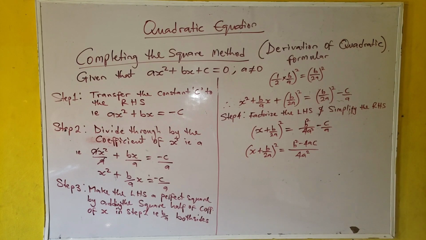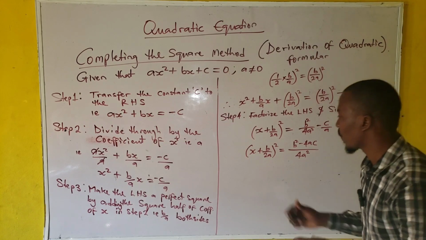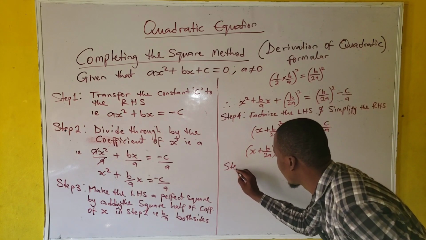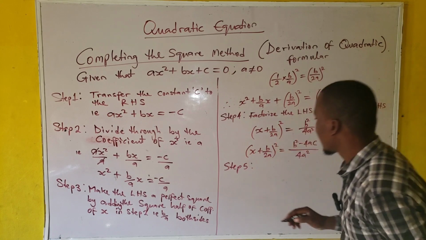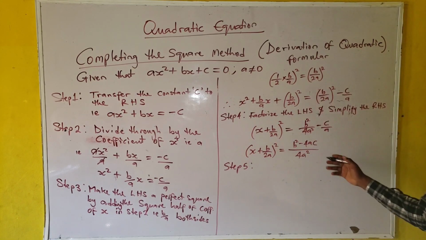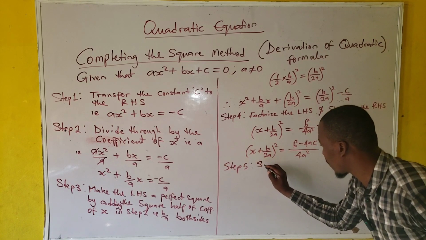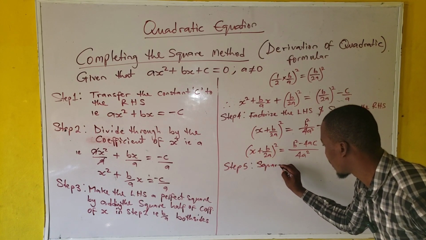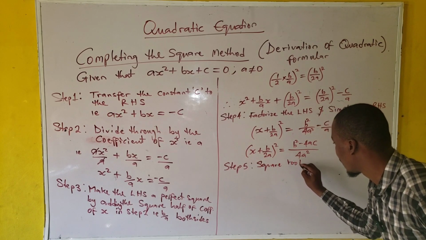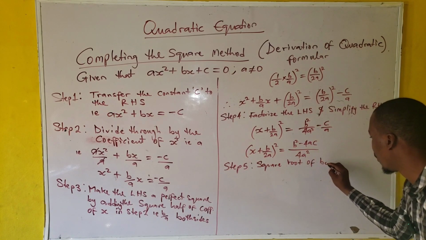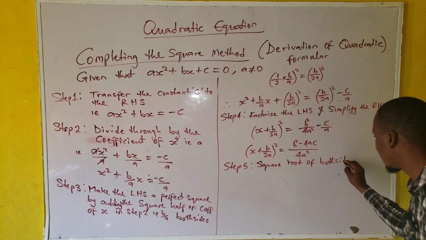So we need to go and do step 5. Step 5 is for you to take square root of both sides so that you can eliminate, remove this square here. So we say square root of both sides.